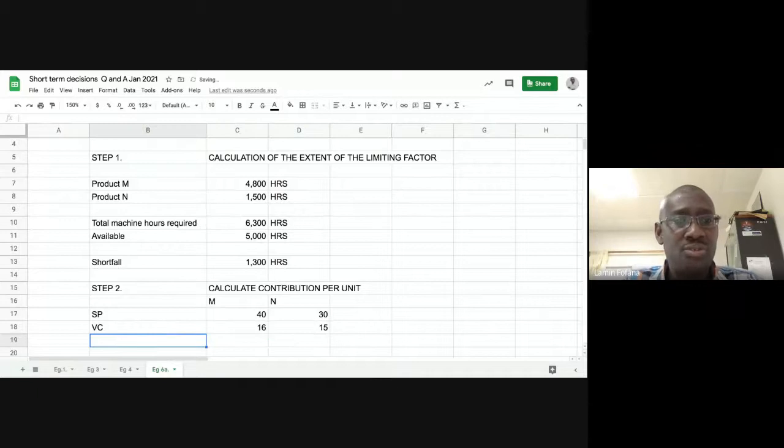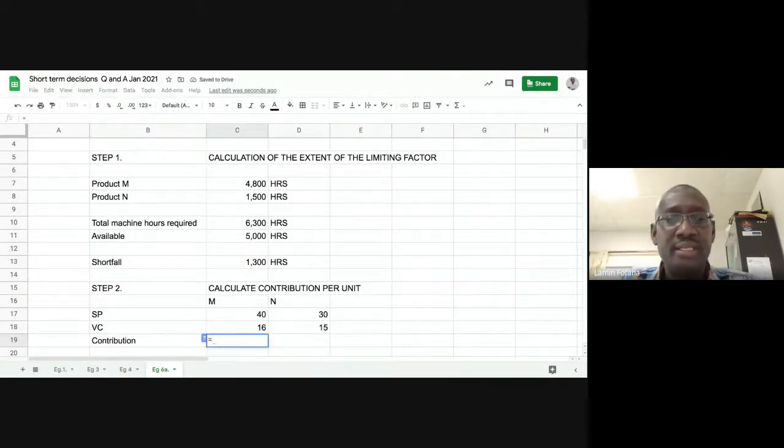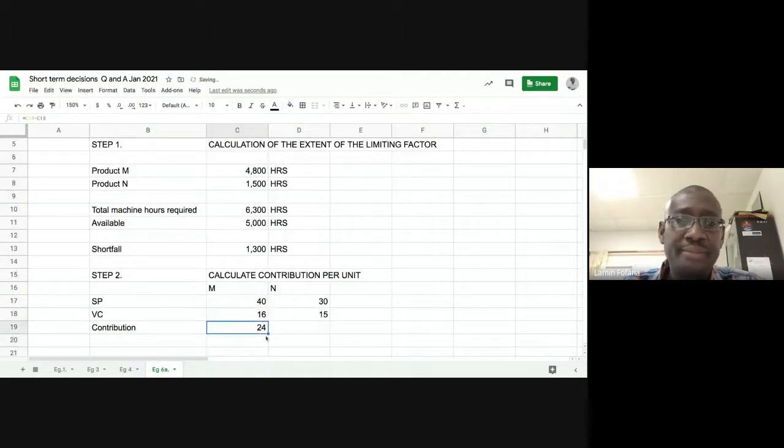Right? So our contribution per unit will be this. We say equals, click on C17 minus C18, we replicate.